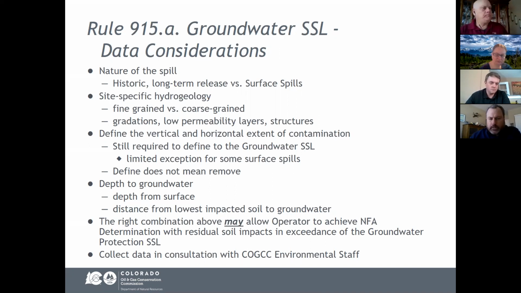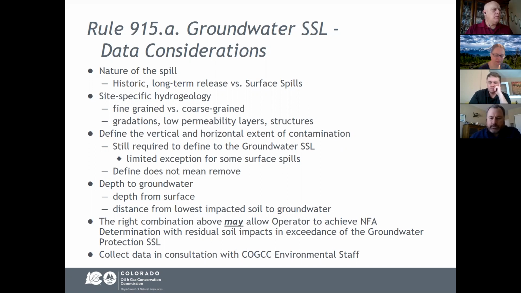So we always require the vertical and horizontal extent of the contamination in soil and groundwater to be defined. And when you're defining extent in the soil, you always need to use the groundwater screening levels as the levels that you're defining to. And there are some exceptions.